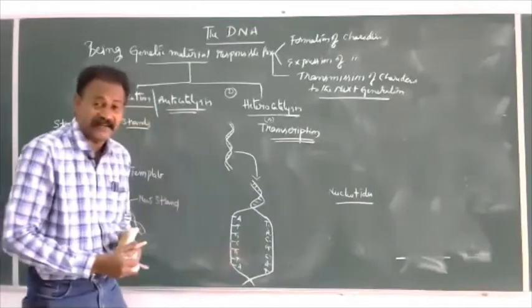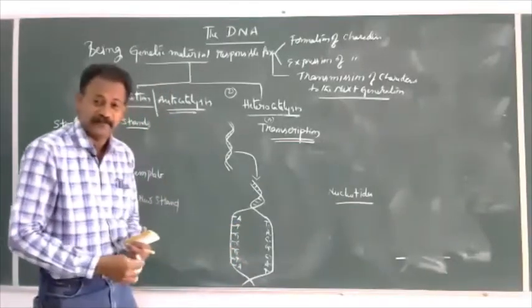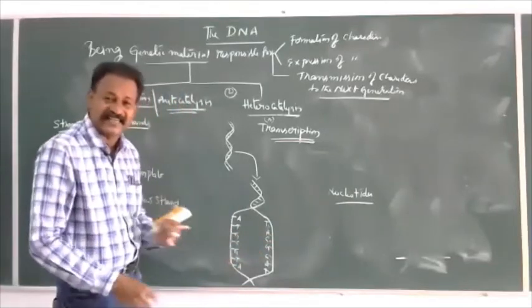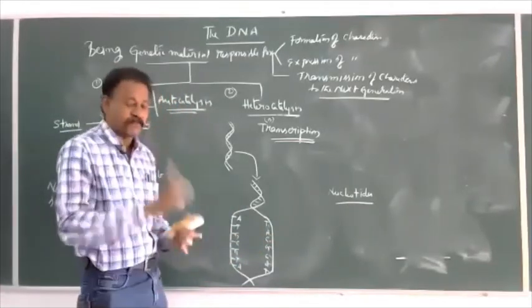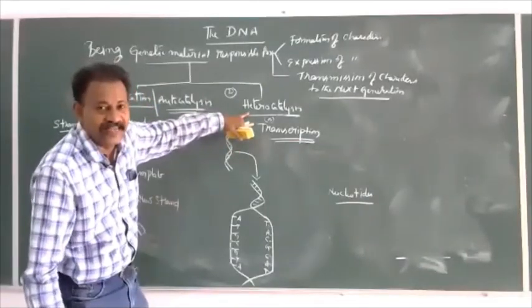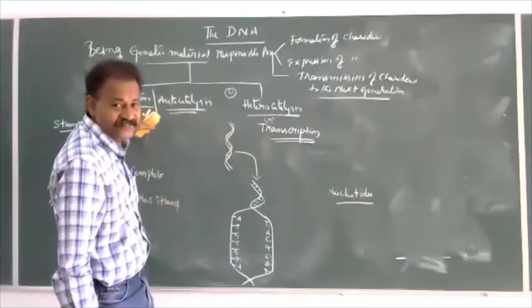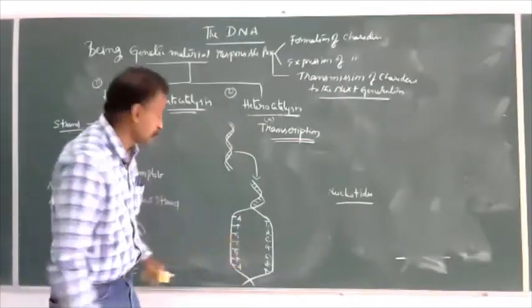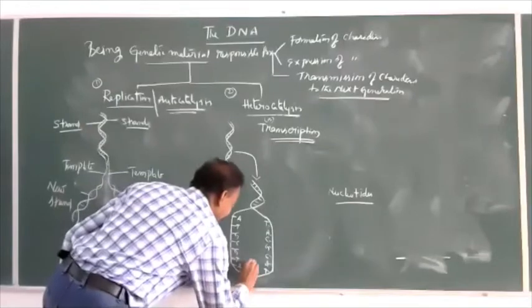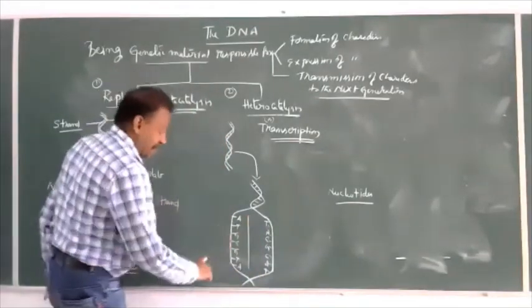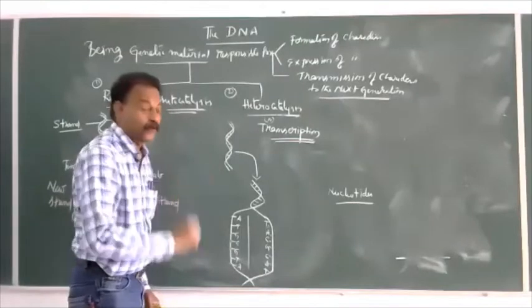Out of these two polynucleotide chains, one is responsible to produce a different molecule. Hetero, not auto, not self, not same. A different molecule is produced, that is the RNA molecule, based upon the base complementary rules.